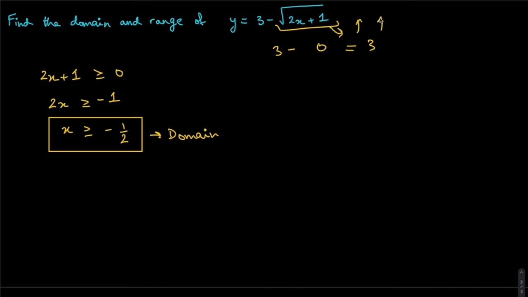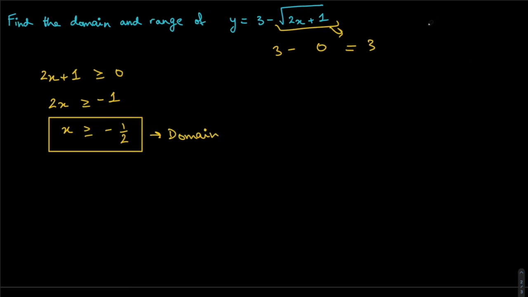So this will increase and increase as x increases. That's pretty obvious as well. If I have 100, it's going to be 200 plus 1, which is the square root of 201. I don't even know what that is, probably around 14, a little bit less than 15. So it's going to be like 3 minus 14, which is around negative 11.